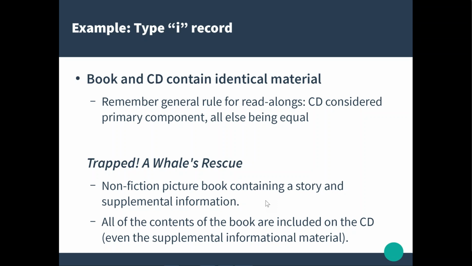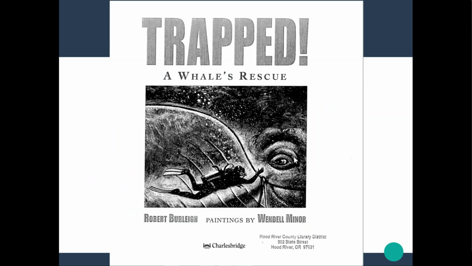Interestingly, even that supplemental information is included on the CD. With this particular example, I did actually have to pop the CD in just to verify. I went to the end of the CD and saw that, okay, that information was actually included on the CD.